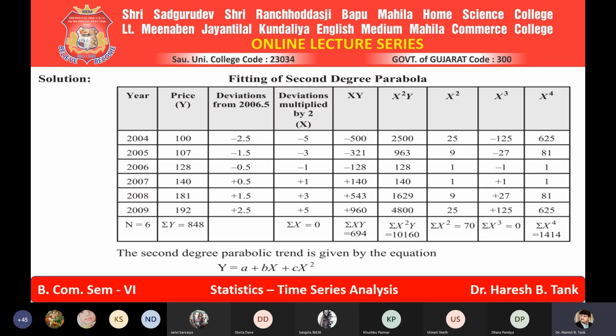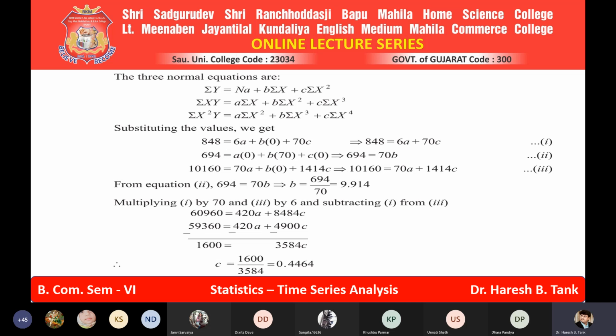To get the second equation, you apply summation of x on both sides. And to get the third equation, we apply summation of x squared on both sides. So you will have three different equations.